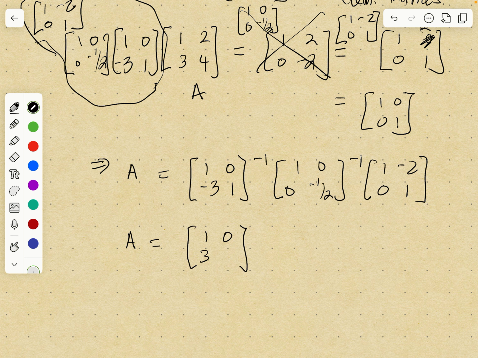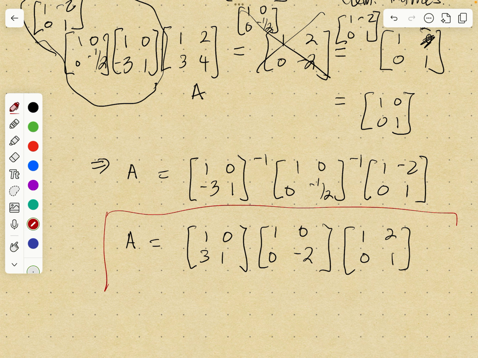You're going to get 1, 0, 3, 1 times 1, 0, 0, negative 2 times 1, 2, 0, 1. So that's how you write A as a product of elementary matrices. This isn't the only way to do it because there's lots of ways to reduce A to the identity matrix. But this is one way to write A as a product of elementary matrices.